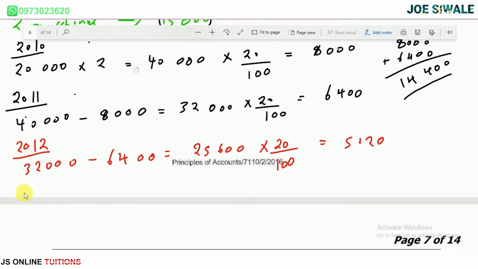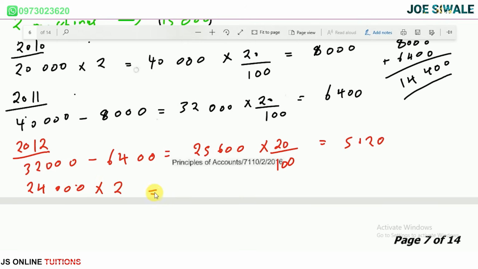So for the 2 machines, we know that each cost 24,000. So we're going to say 24,000 multiplied by 2 there. We're going to have 48,000. So we're going to calculate 20% of that.